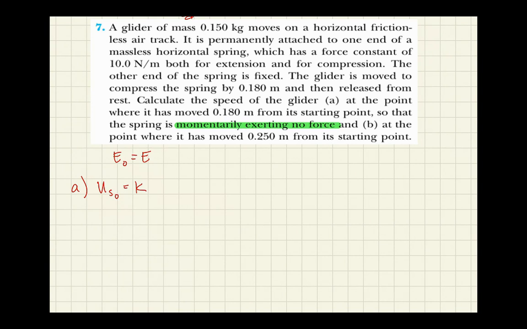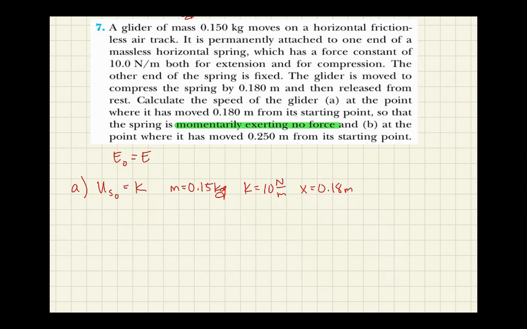So for this problem, I know mass is 0.15 kilograms. I know the K value of the spring is 10 newtons per meter. And I know the displacement of the spring is 0.18 meters. You could call that negative 0.18 meters. It doesn't really matter because in my problem, I'm going to be squaring that number anyway.